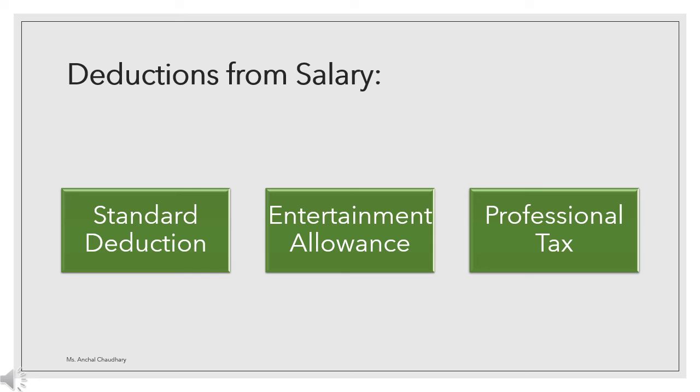Next is entertainment allowance. While computing the gross total income, first of all you have to include the entertainment allowance in your gross total income, and after that you have to deduct the same value again.